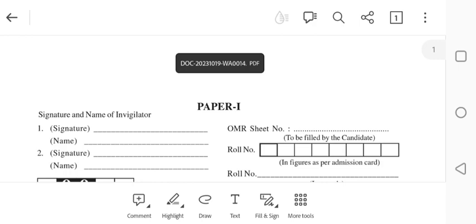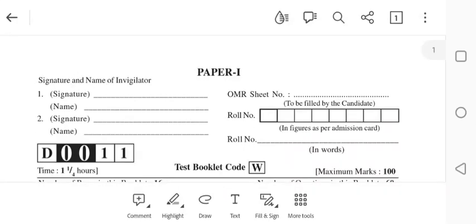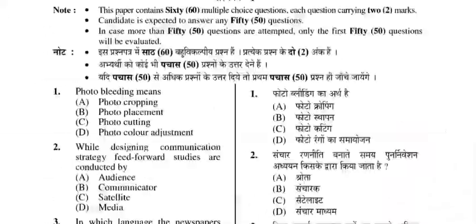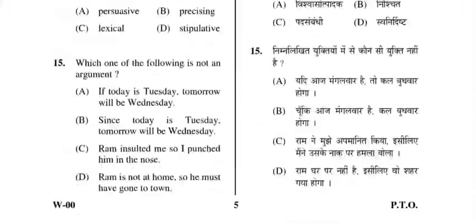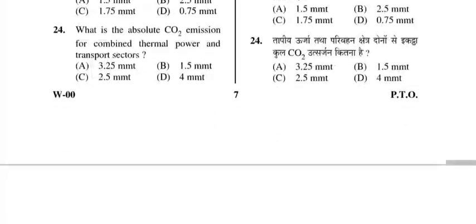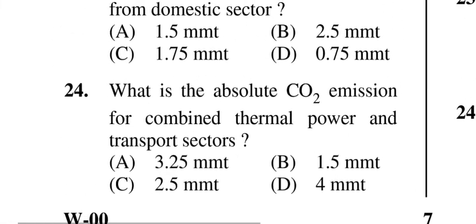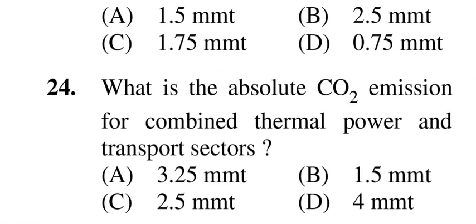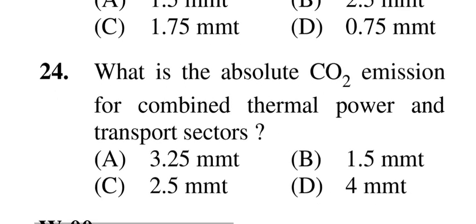So we have been discussing question 23. Then we will move on to the next question. 24 says, what is the absolute CO2 emission for combined thermal power and transport sectors? 3.25 MMT, 1.5 MMT, 2.5 MMT, 4 MMT.